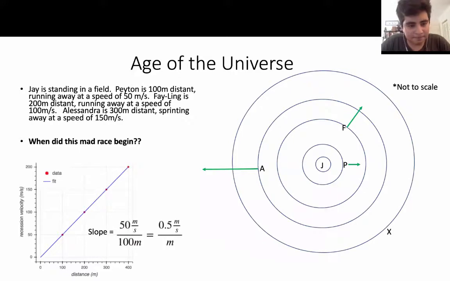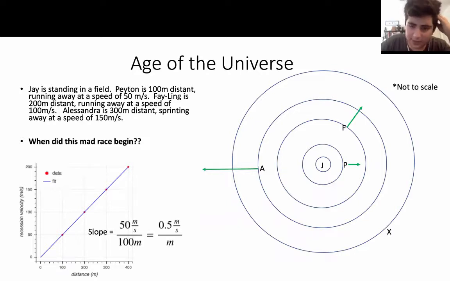Now, one of the very interesting questions we look at with Hubble's constant is the age of the universe. So in the analogy, we can ask, when did this mad race begin? That's essentially when J told everyone to start running.